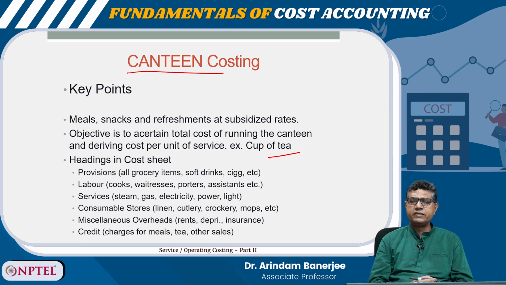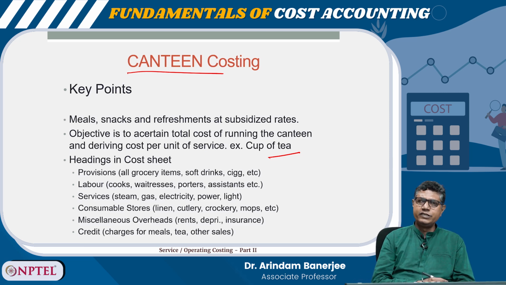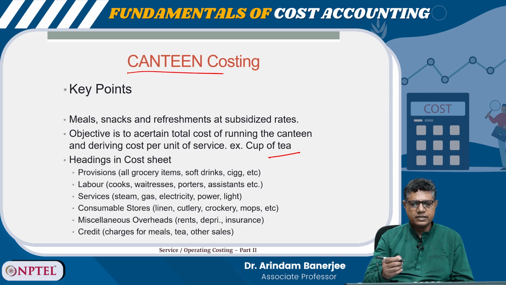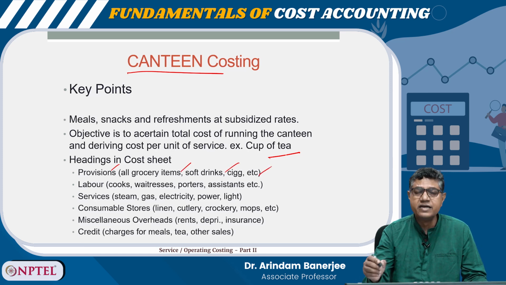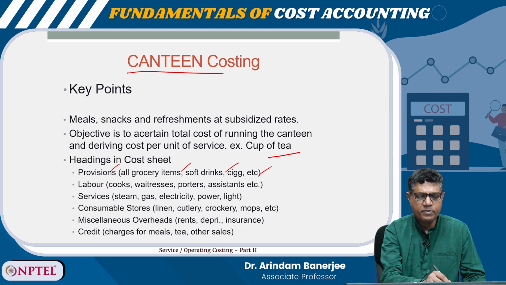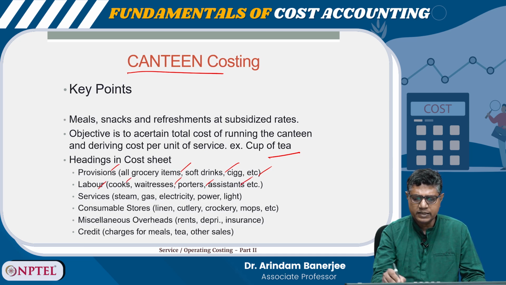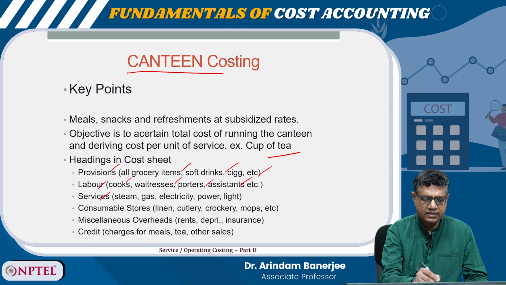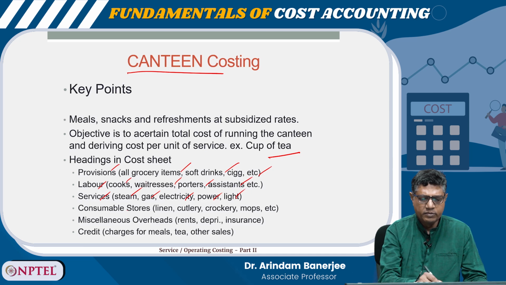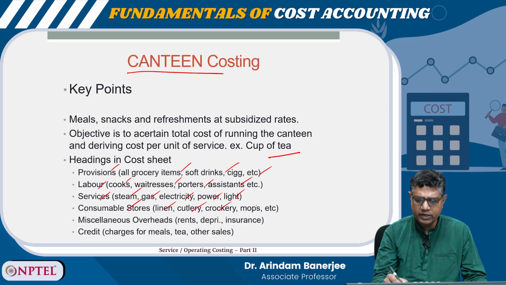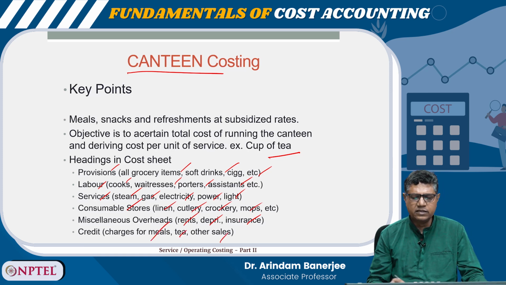So there can be some specific cost headings which are particularly relevant to this industry. Some examples are given here, like provisions: all grocery items, soft drinks, cigarettes, etc. Labor: cooks, waitresses, porters, assistants, etc. Services: steam, gas, electricity, power, light, etc. Consumable stores: linen, cutlery, crockery, mops, etc. Miscellaneous overheads: rents, depreciation, insurance, etc. And credit charges for meals, tea and other sales.